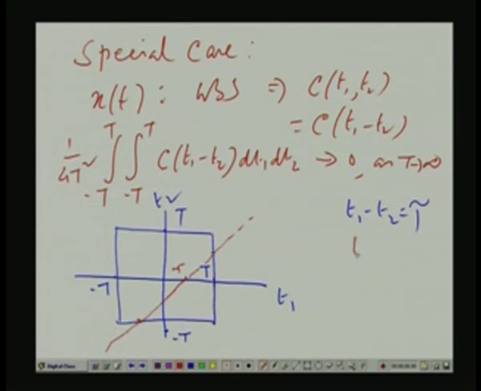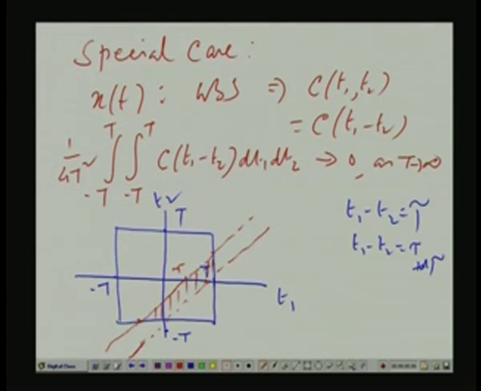And now, when I take a line close to it, t1 minus t2 equal to tau plus d tau. That means I will have one more line. So, I will take this area.